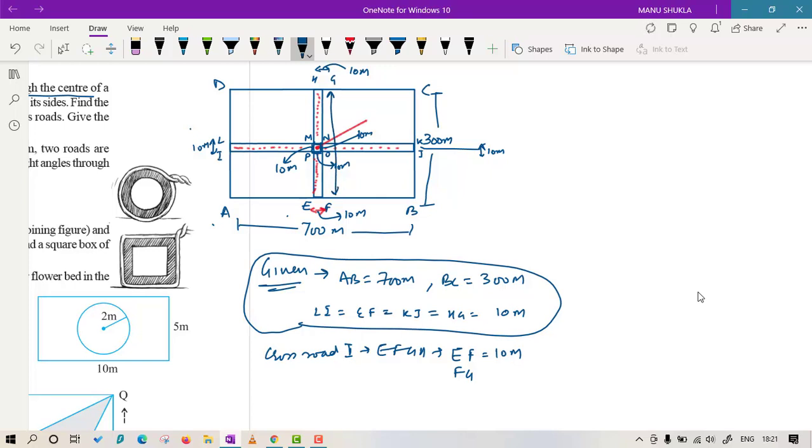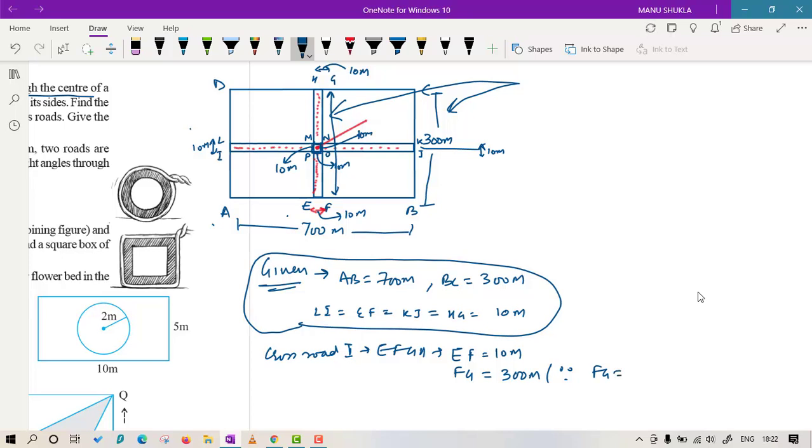If you observe it properly, this FG and this BC, aren't they looking the same? So they are same only, then can we say that BC and this FG are of same length? They both are of 300 meters. So we can say FG is same as what? 300 meters, because FG is equal to BC.